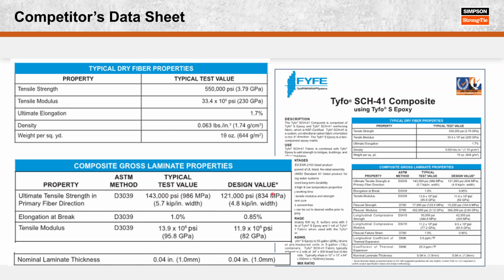The important thing is the design value, which is the typical test value that's been reduced for design. The number that you use in a spreadsheet to find the strength of the material is always going to be this column. So if you look at Simpson's data sheet, we only include our design values. We don't include the typical test values.